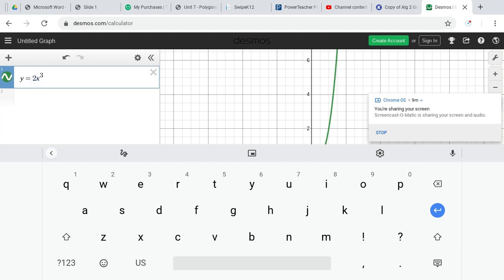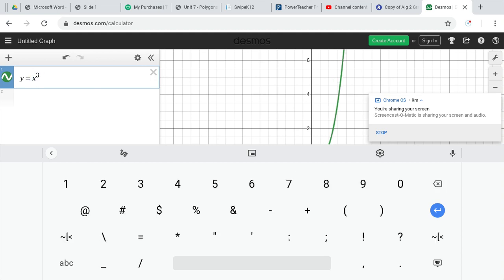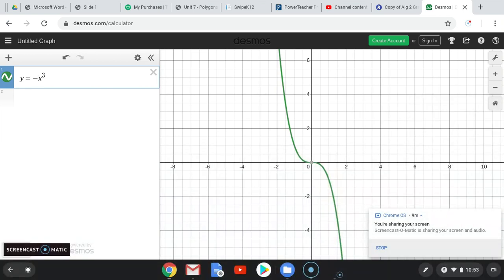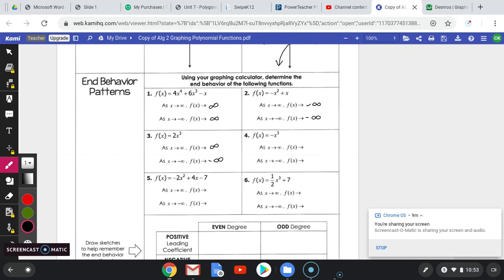In this case here, what happens if it's this? Well, as you can see here, it just basically flip-flops. The left side goes up, keeps going up, and the right side keeps going down. So as I get further to the right, I keep going down, but as I keep going to the left, it keeps going up.